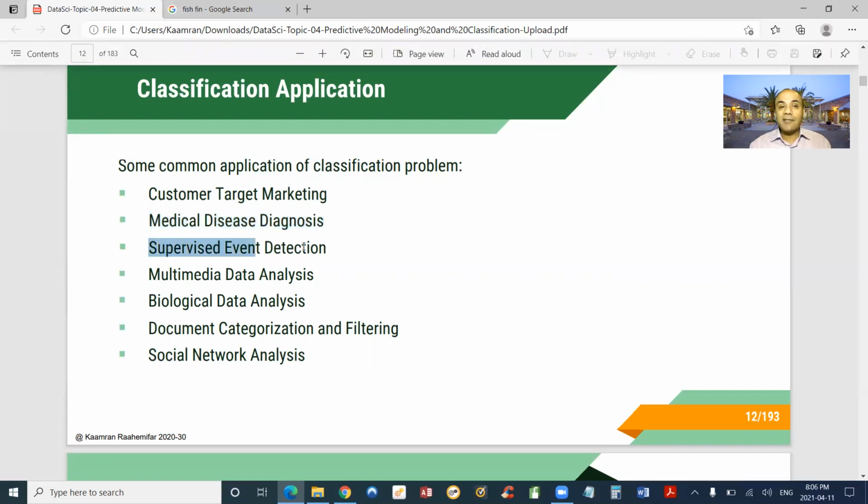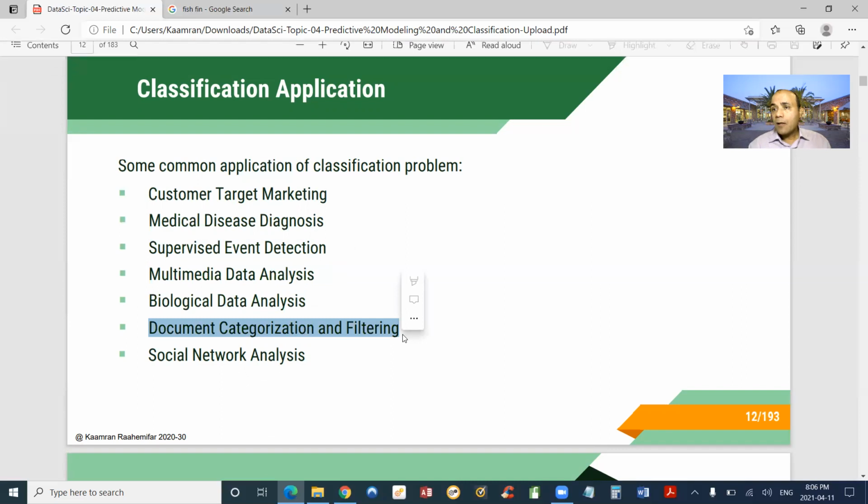Supervised event detection is quite self-explanatory. Multimedia, biological, and document categorization and filtering. If you are doing anything on the cloud, if you're doing Google Docs, for example, or using OneDrive on Microsoft, or any cloud of any kind, they have access to so many documents.